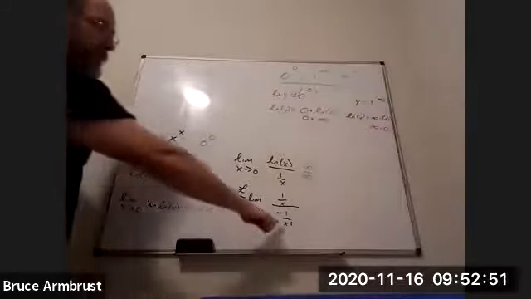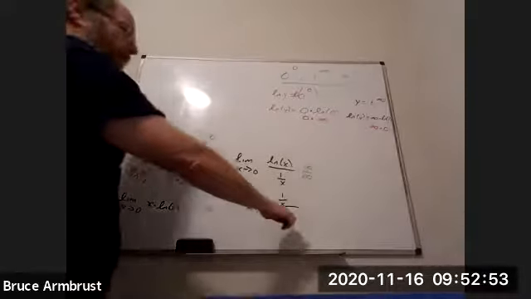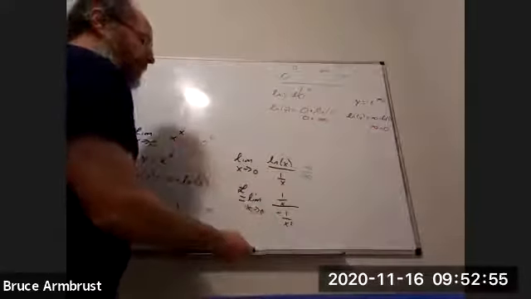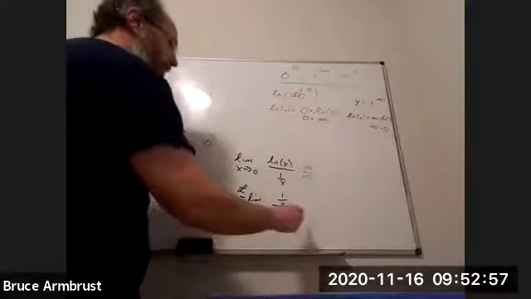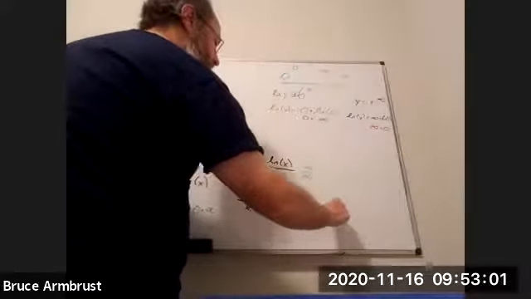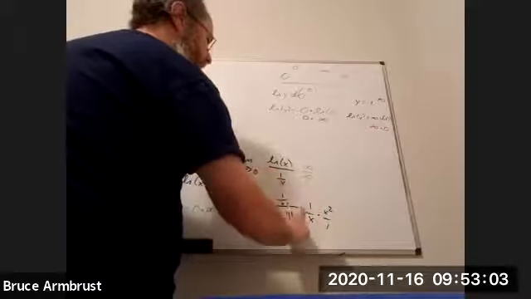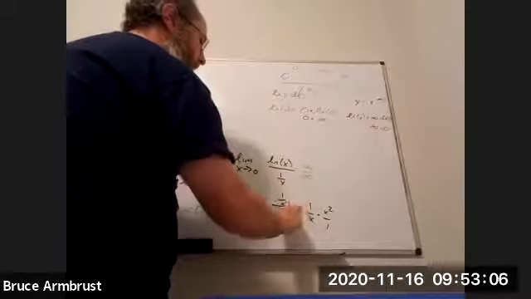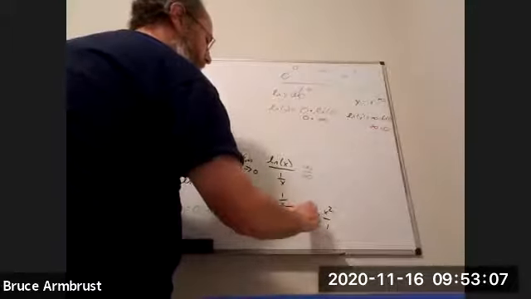All right, well, let's just do some real quick algebra on this. 1 over x divided by 1 over x squared. That's the same as 1 over x times x squared over 1. Let me put the minus sign on here. Right, dividing by a fraction.